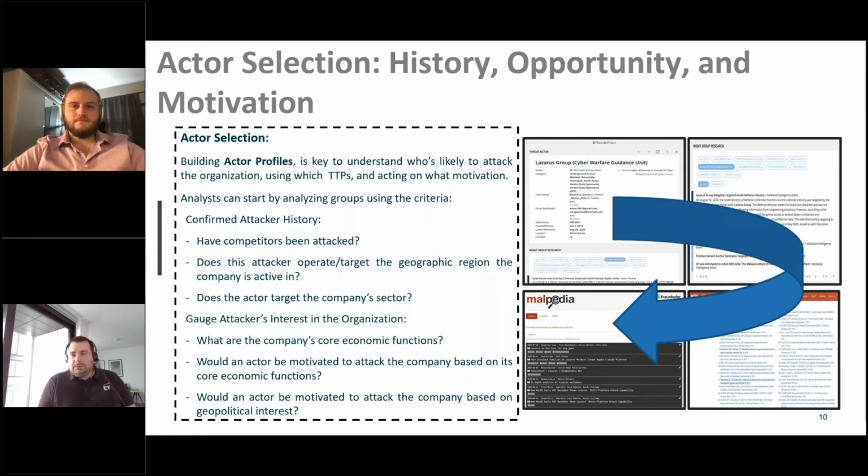Yes, I mean, once we're talking about actor selection, there are a few things that you can look at, starting from that kind of actor profile as well. And again, there are a number of tools out there that can go from the very wide sector profile to narrowing it down to actor profiles.